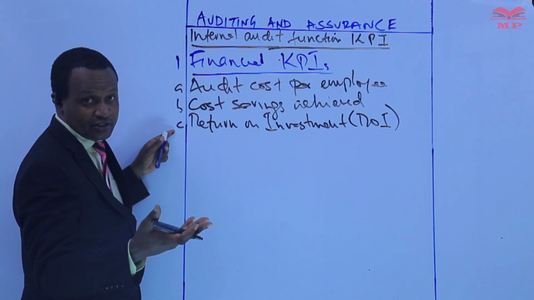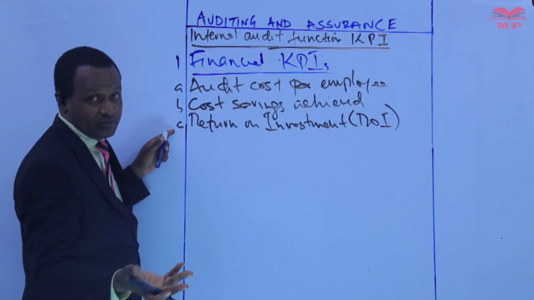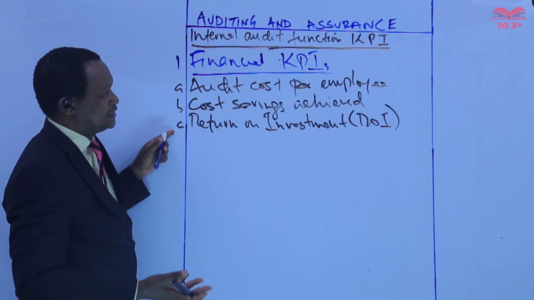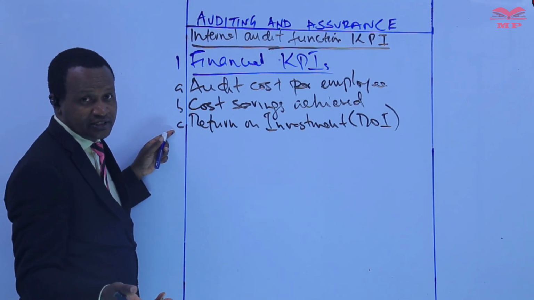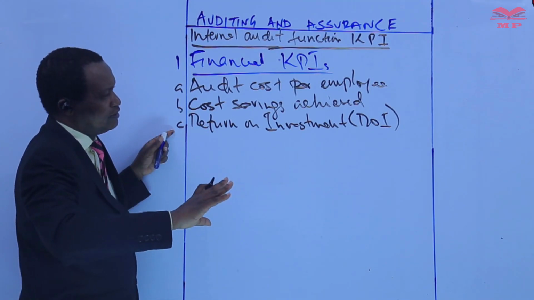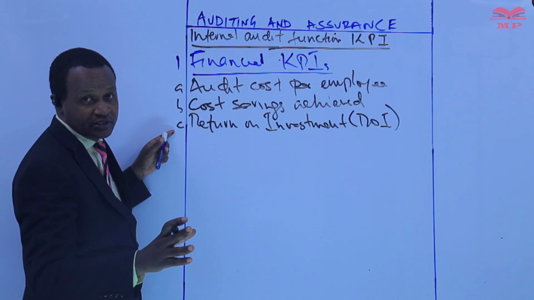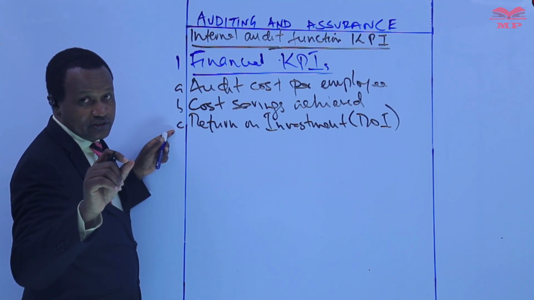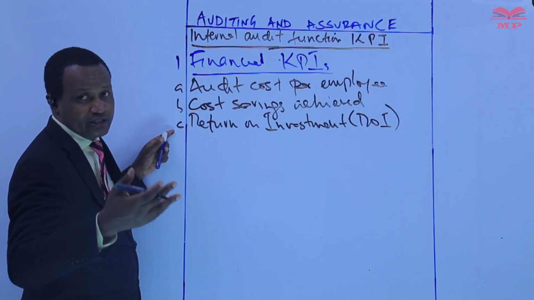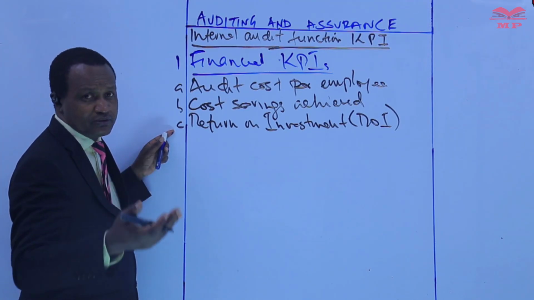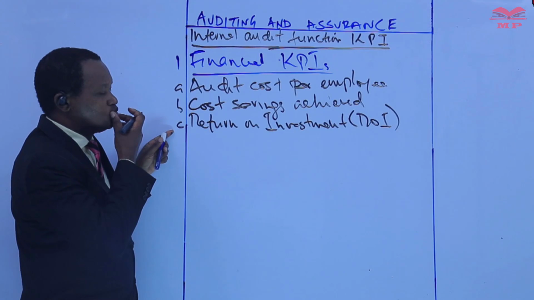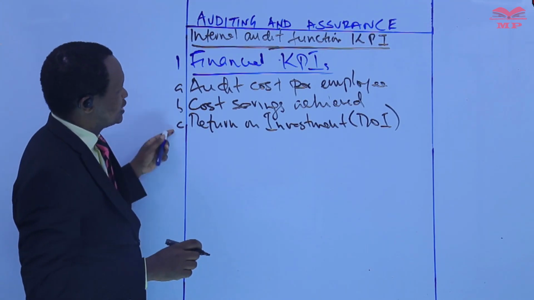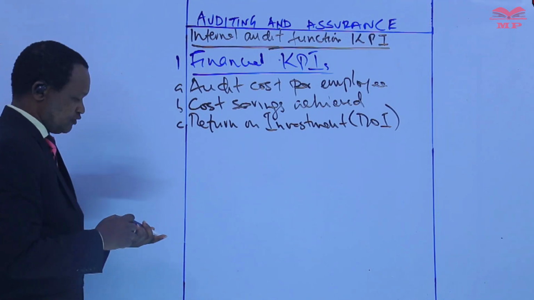What are the benefits? You compare the costs and the benefits, then you have the return. So these are three financial performance indicators.